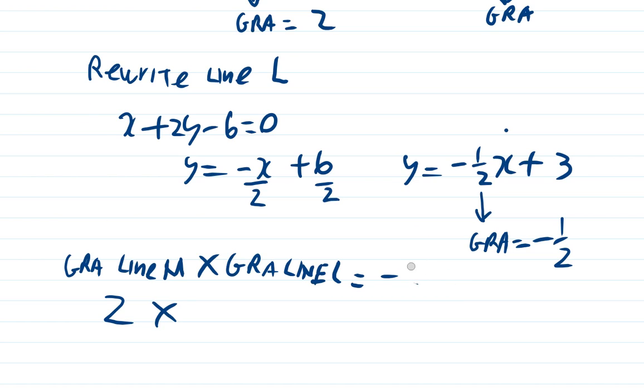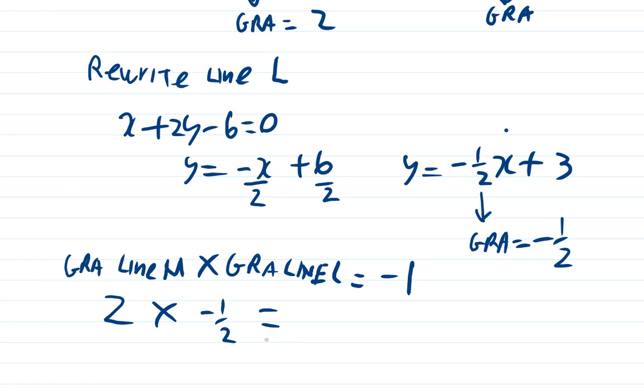I keep making this mistake. The gradients multiply to give negative 1. Alright. So have to be careful of these mistakes. Here now, the gradient of line M is 2 multiplied by the gradient of line L, which is negative half.